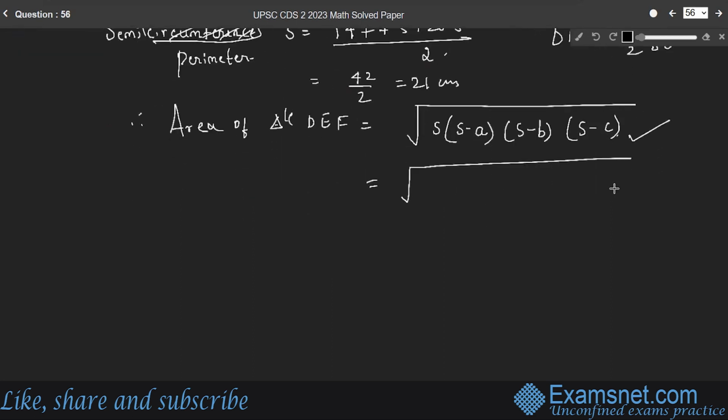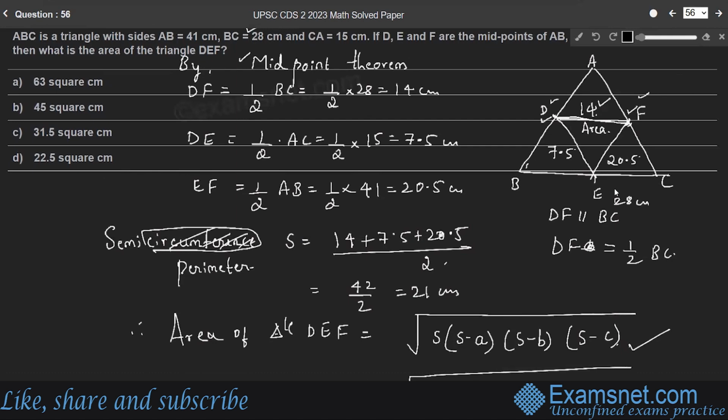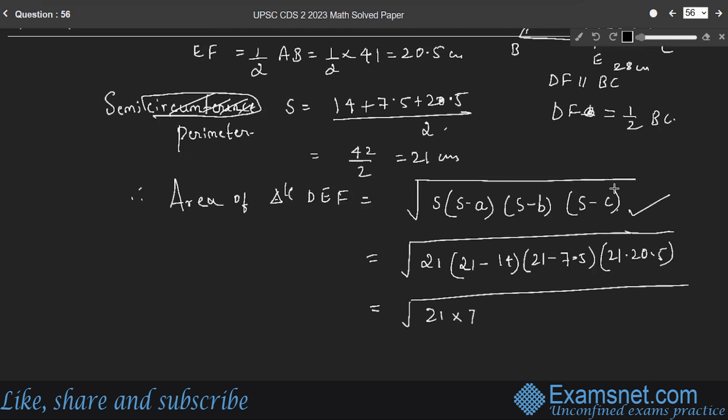Therefore, square root of S is 21 into 21 minus, so the first side you can take as 14, right? S minus A is 14, and 21 minus B is 7.5, and the third side is 20.5. Simplify it, right? Root of 21 into 21 minus 14 is 7, into 21 minus 7.5, which is 13.5, into 21 minus 20.5 is 0.5, right?